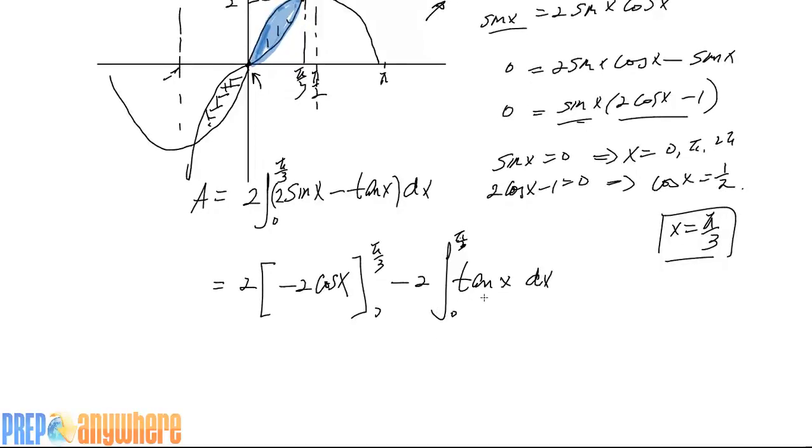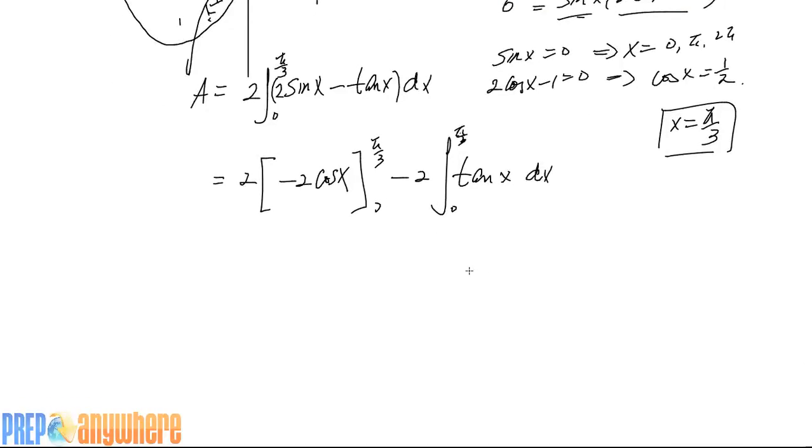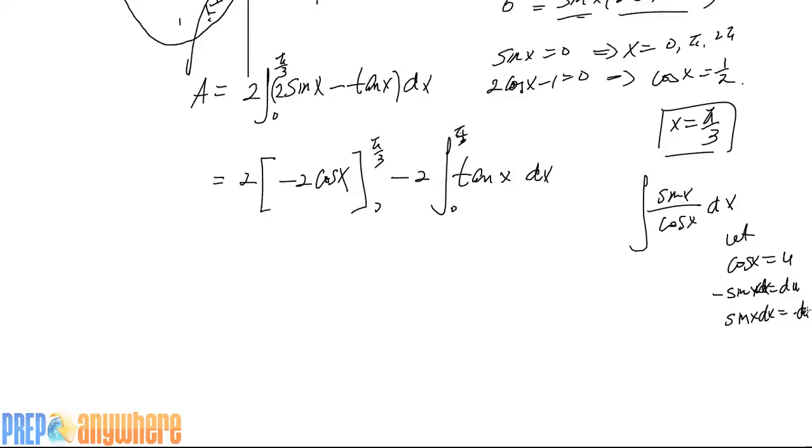Tangent of x is actually integration by substitution. Tangent of x is sine x over cosine of x dx. If you let cosine of x equal u, you get minus sine of x dx equal to du, so sine x dx equals minus du.